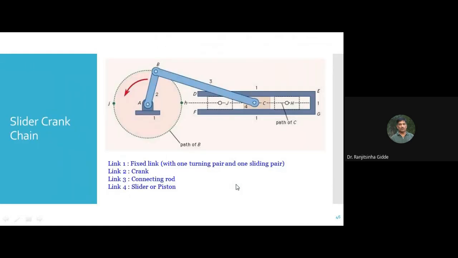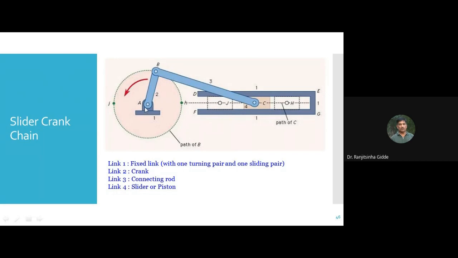Okay. Now with respect to the slider crank chain, this is the basic configuration of the slider crank chain or the mechanism, in which there are 4 links. One link is fixed, that is the cylinder.